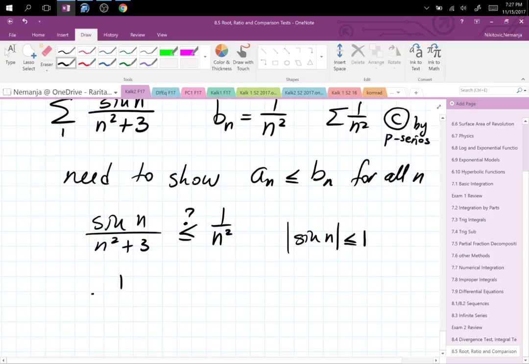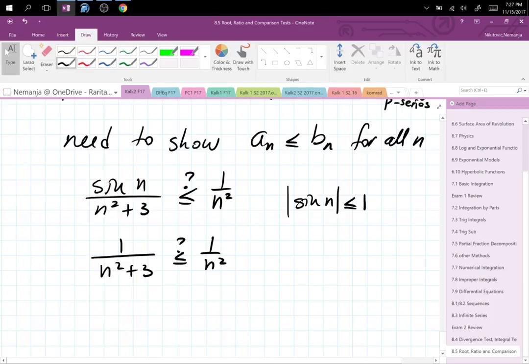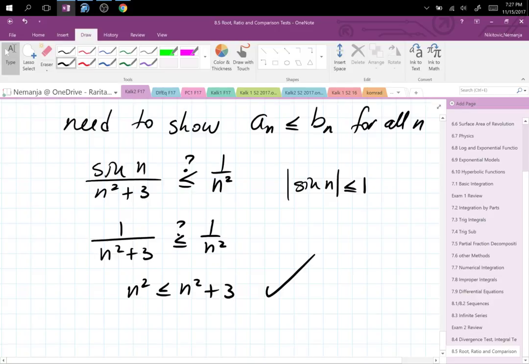So we replace sine n by 1. We cross multiply, and it holds.